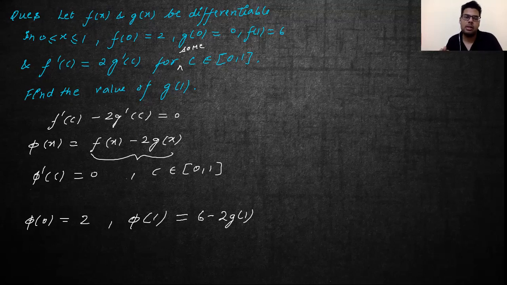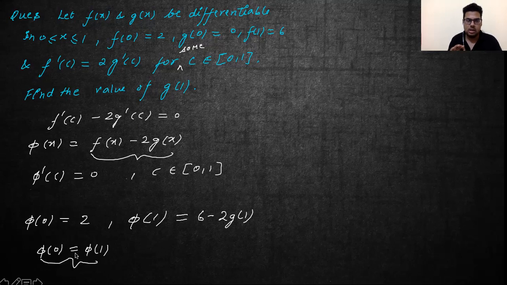But if we try to think, is phi of 1 equal to phi of 0 the only condition? Otherwise, this won't be happening, right? Then can we convincingly say that phi of 0 equals phi of 1 is the only possible solution for this?